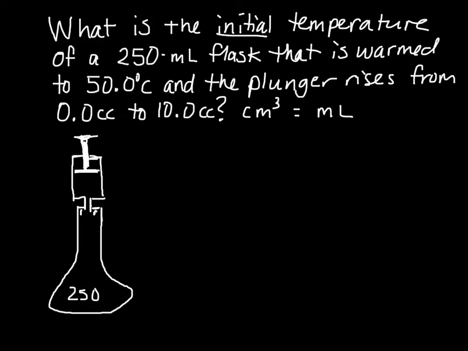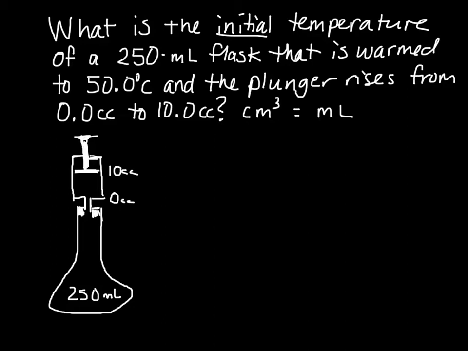That's closed off there. Not bad. So we're saying that we have a 250 milliliter flask, and we're saying that a plunger goes from essentially 0 cc's up to 10 cc's. Alright, so we have our plunger in there, our syringe stuck into a stopper.